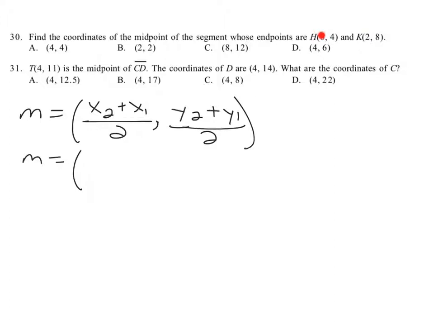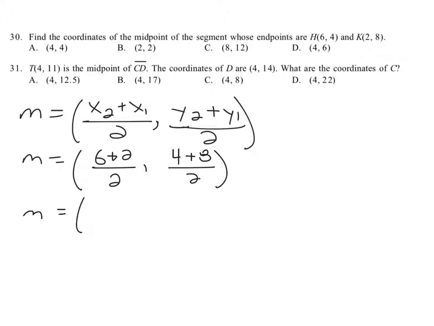Let's say that's x2 and that's x1, 6 plus 2 divided by 2. I'm sorry, I said squared. My mistake. It's Friday night and I'm a little tired. And then y2 plus y1. That's y2, that's y1. So we say 4 plus 8 divided by 2. That'll give us the coordinates.